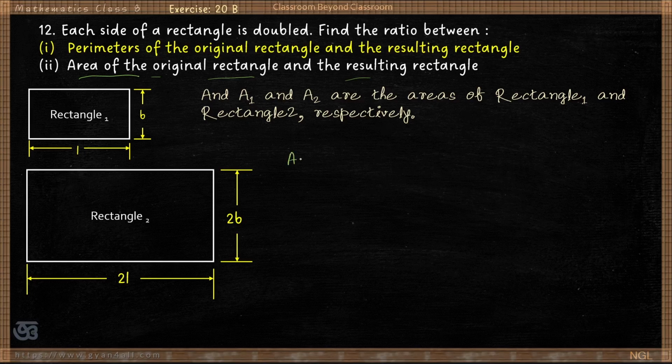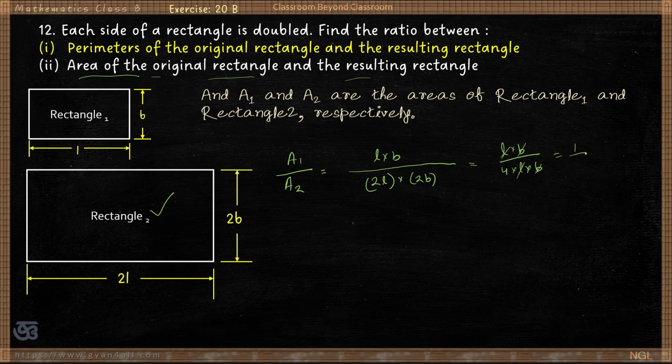So A1 divided by A2 is equal to the area of rectangle 1, which is L multiplied by B, and the area of rectangle 2 is twice L multiplied by twice B. So that is equal to L into B divided by 4 into L into B. So L and B get cancelled.